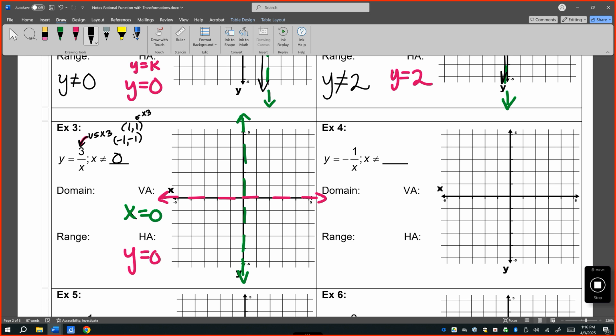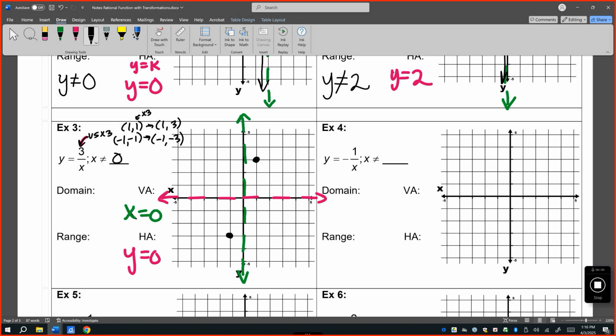Because that's the vertical coordinate, right? So my 1, 1 ends up being 1, 3. And my -1, -1 ends up being -1, -3. Okay? I'm stretching by 3. So from the intersection, I'm going to go right 1, up 1, 2, 3. And -1, -3 right here.